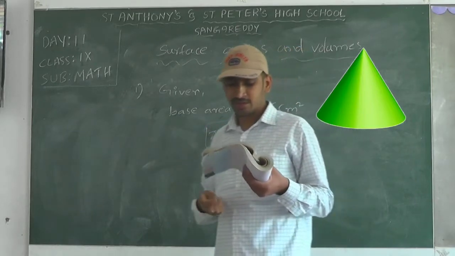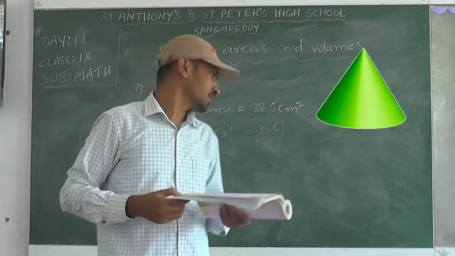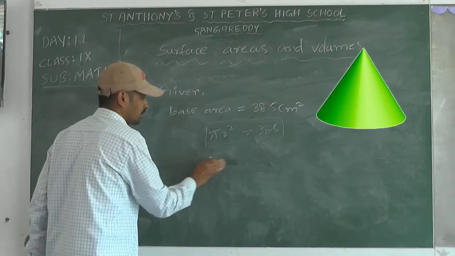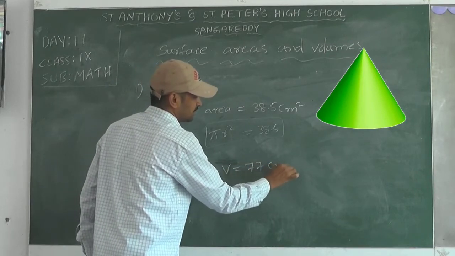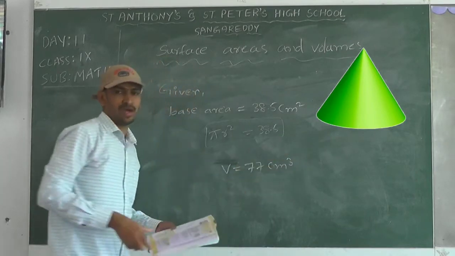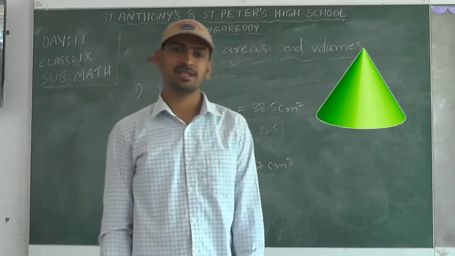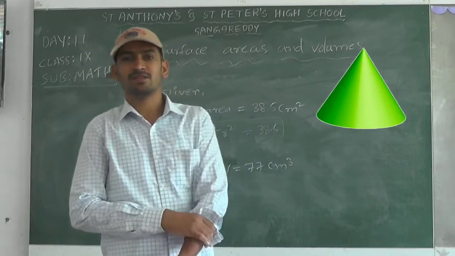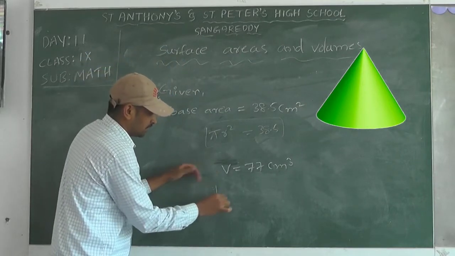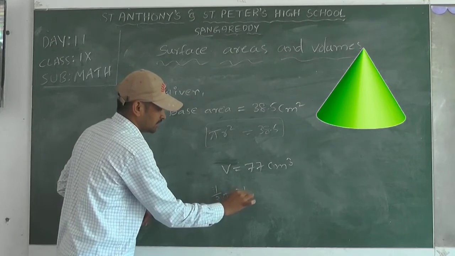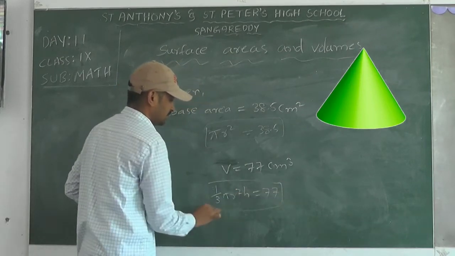One more thing is also given: the volume is 77 centimeters cube, V equals 77 centimeter cube. But we know the volume of the cone is 1 by third of the volume of the cylinder. What is the volume of the cylinder? Pi r square h. Now we can write 1 by 3 pi r square h equals 77 centimeter cube.